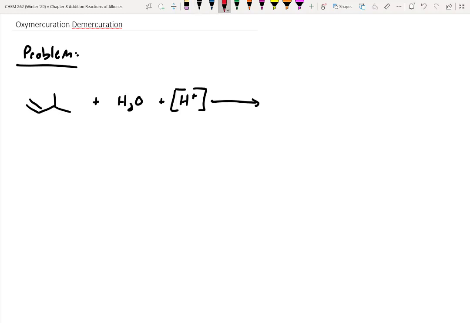Yep. Just like we saw before, we'll protonate our water and make a hydronium ion. All right. Next step. Who remembers what the next step is with these reactions? Yeah, the double bond's going to take the hydrogen.